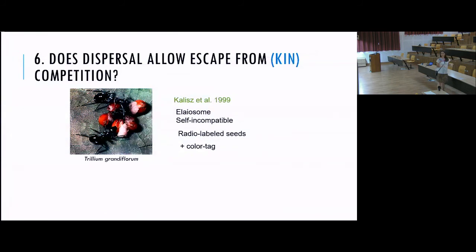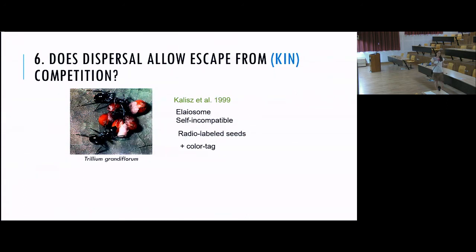And the ants will take the seeds and generally carry them to the anthill and eat the elaiosome. And in the process of doing that, they lose a lot of seeds in the landscape and they disperse the seeds. So this elaiosome is understood as a structure that favors dispersal by the ants.